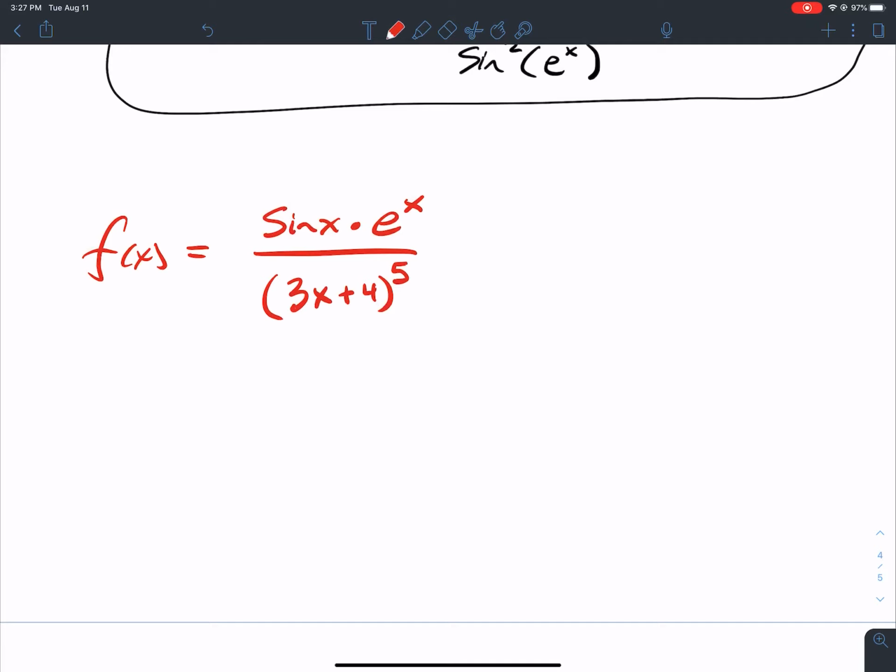So low d high. If I want to find f prime, the quotient rule is the overall rule here. It's holding those functions together.